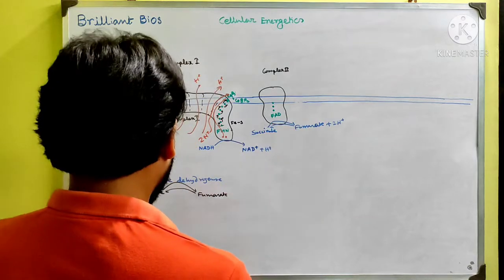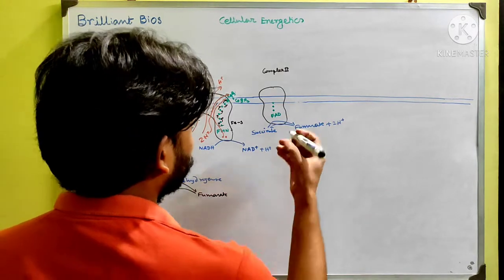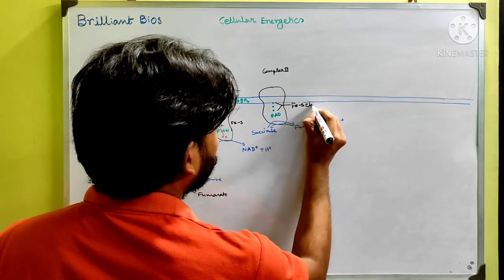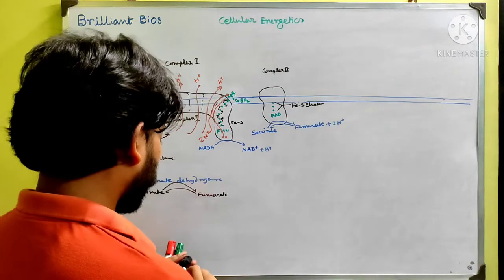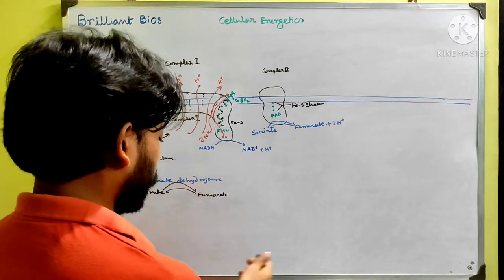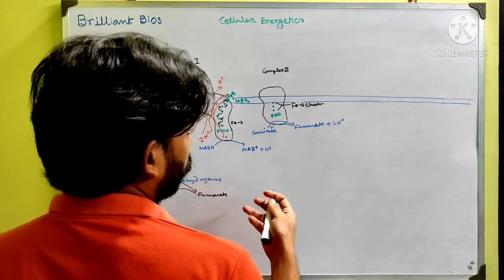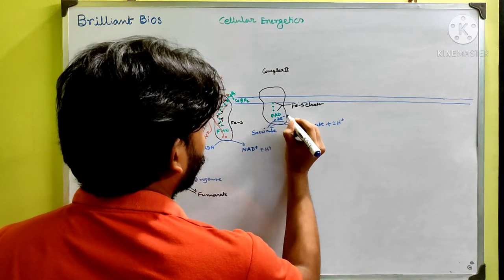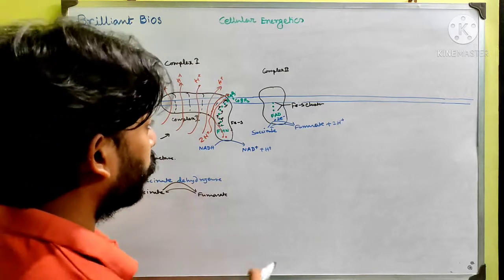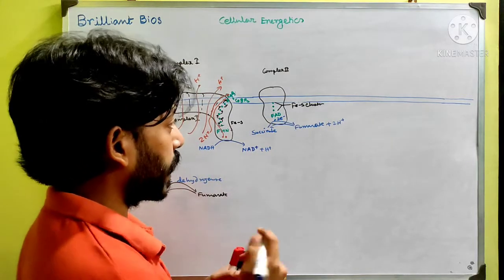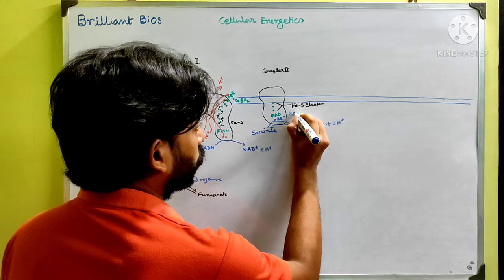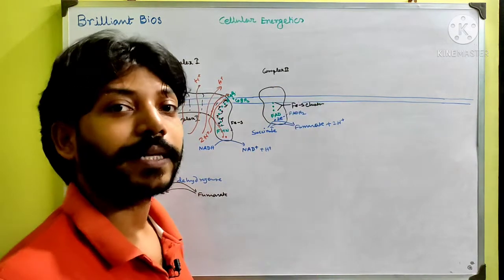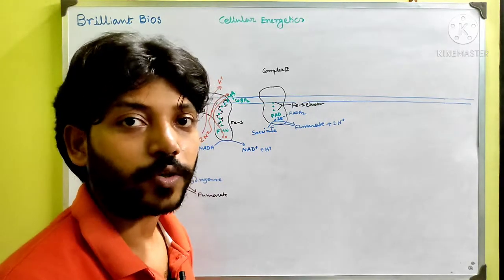So what happens when succinate is oxidized to fumarate? It releases 2 electrons. FAD accepts these 2 electrons and becomes FADH2. Then the iron sulfur clusters carry the electron transport.